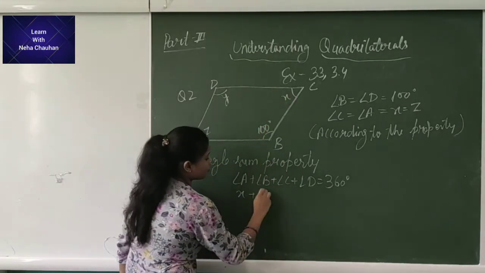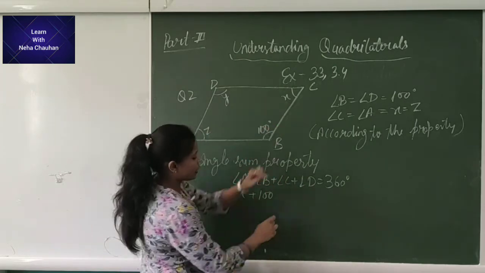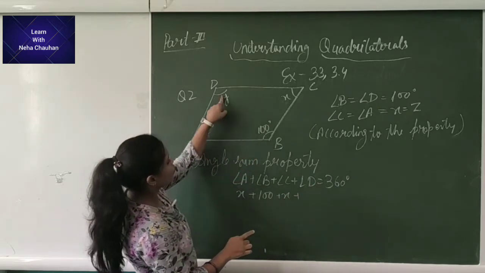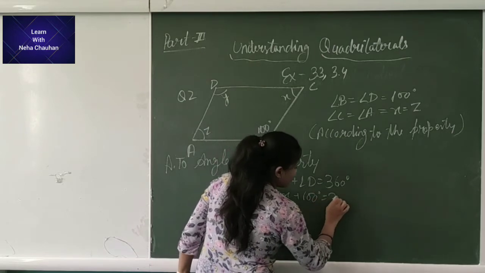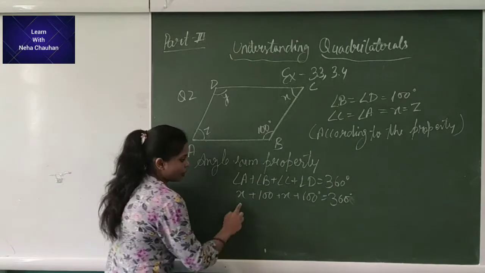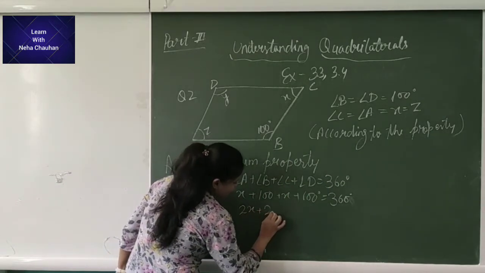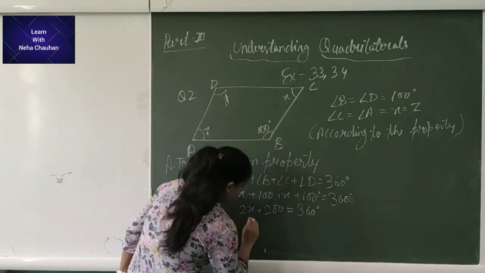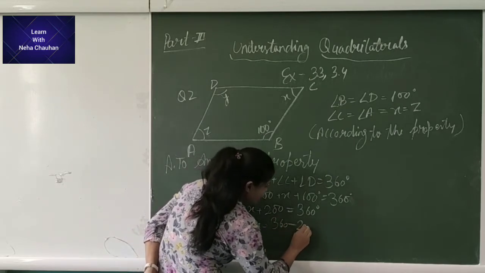Angle B is equal to 100. Angle C is also X. And angle D is equal to B. So, we can write 100 here also. Right? Now, we will add these. 2x plus 200 is equal to 360 degrees. 2x is equal to 360 minus 200.